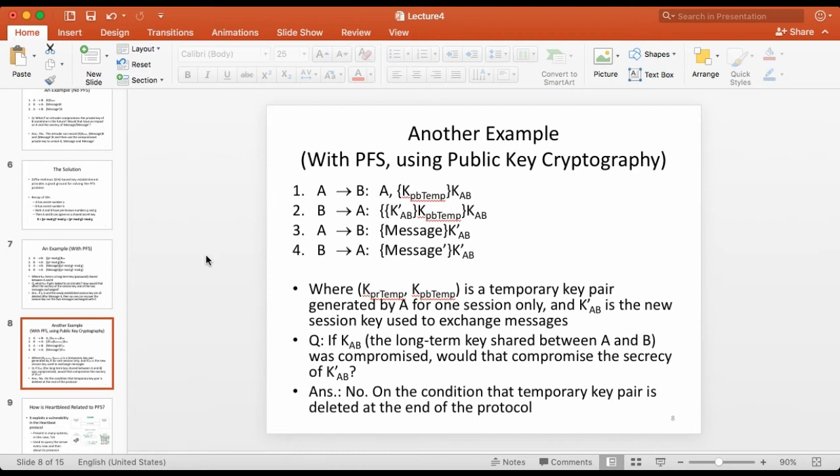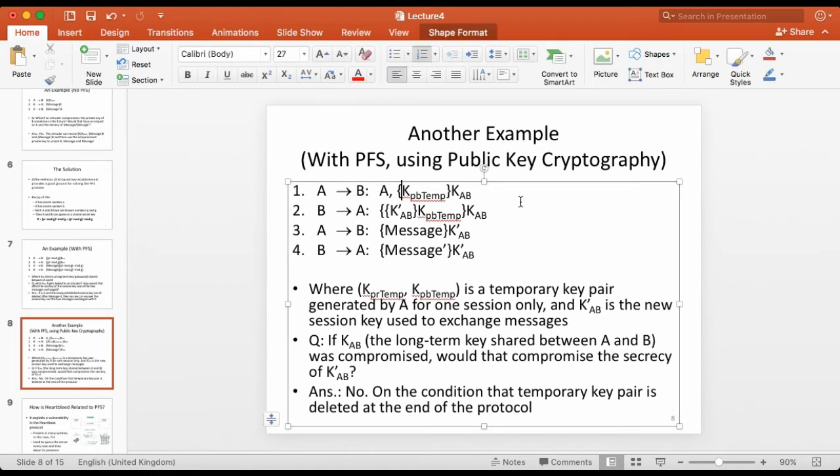And the idea here, as this protocol shows, is that you generate a public key which is temporary. In this case, temporary means that you intend to use this public key for the purpose of this one single session of the protocol.